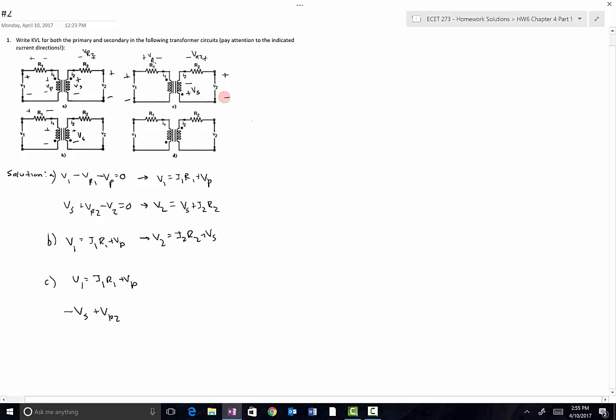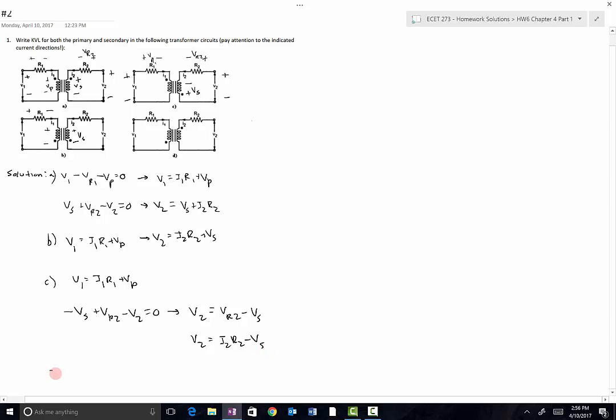And then I've got a voltage drop, that's negative, minus V2 is equal to 0. So I can rewrite that, and I could say that V2 is equal to VR2 minus Vs. And that would also be V2 is equal to I2 R2 minus Vs. So we can see this swapped the polarity of Vs.